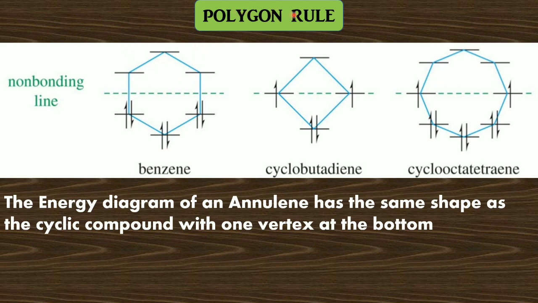And according to this polygon rule, the energy diagram of an annulene has the same shape as the cyclic compound itself, with one vertex at the bottom. So in the case of this structure, a hexagon, there should be 6 pi molecular orbitals, and those 6 pi molecular orbitals will have their increasing order of energy as shown in this picture.